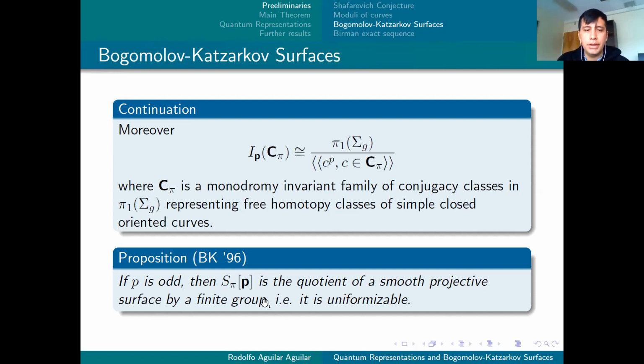So in the orbifold words, it says that it is uniformizable. We were interested in the fundamental groups of complex projective smooth varieties, and this tells us that we don't go out of this world. We don't enter into the stack world or into the singular world. So we really stay there.